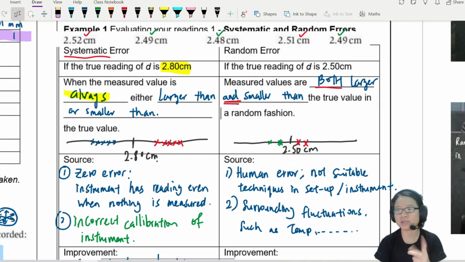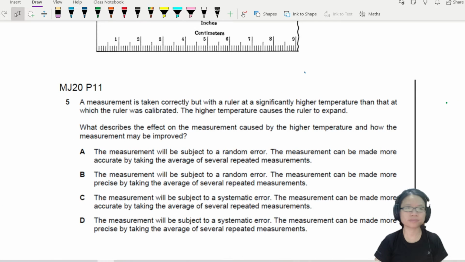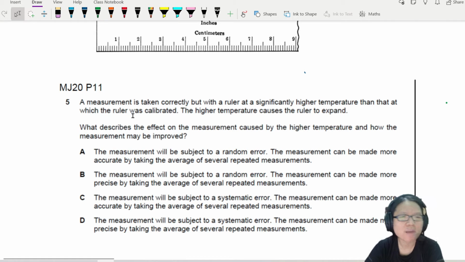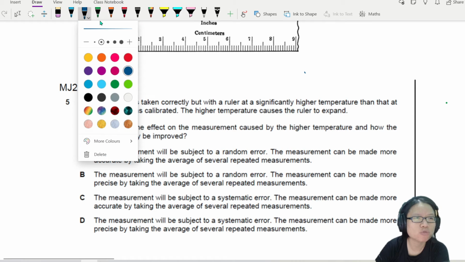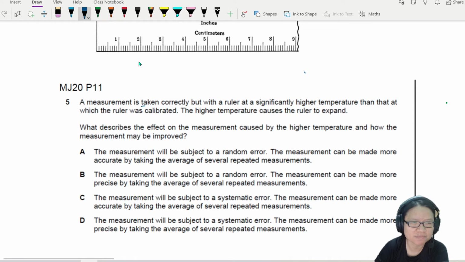Okay, speaking of reading a question, let's try a few. MJ20 paper 11. A measurement is taken correctly. Okay, so there's no human error. Human is okay. Legit. Taken correctly. No human error.